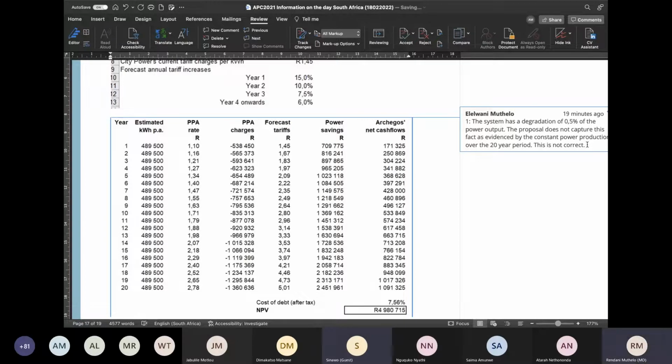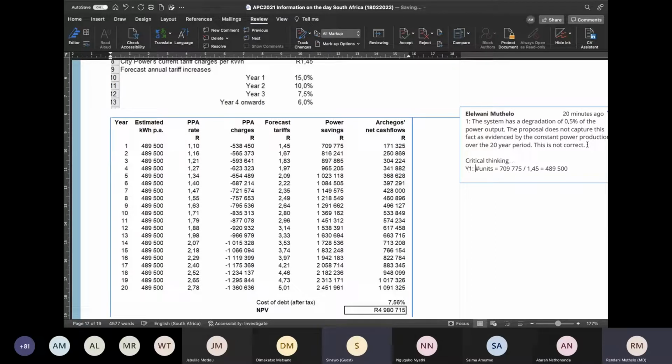Let's wear our critical thinking caps. The number of units is 709,775 divided by 1.45, which is 489,500.